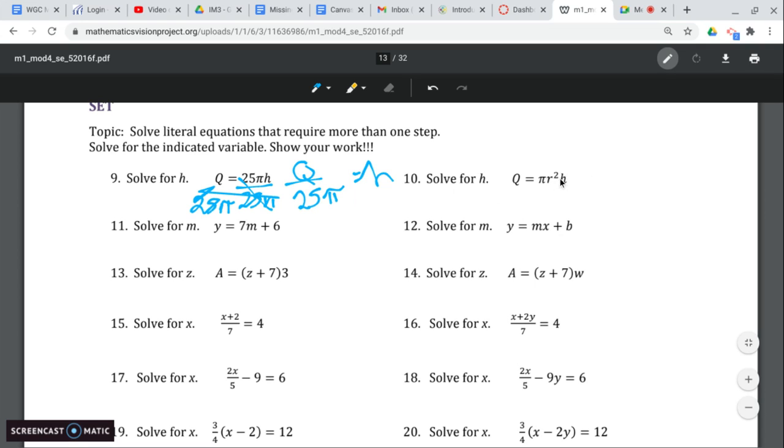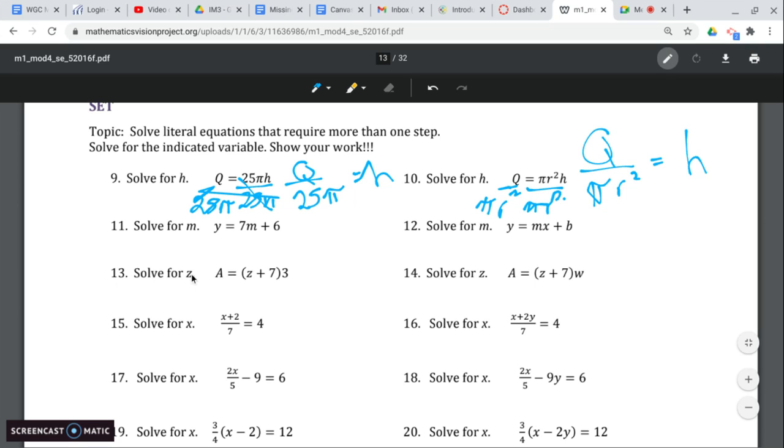So how do we get the h by itself? Well, what did we do over here? We divided by 25 pi. So here we're going to divide by pi r squared. So we have Q divided by pi r squared equals h. There's our solution.